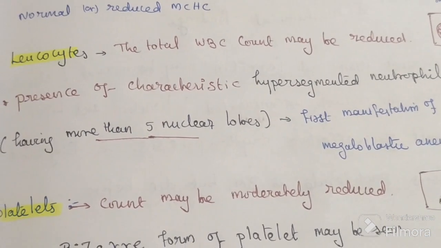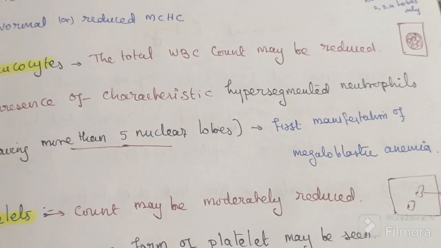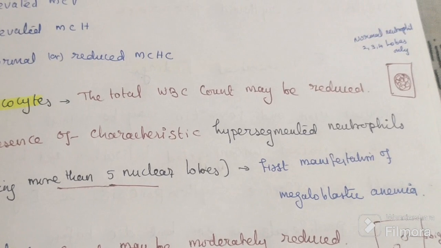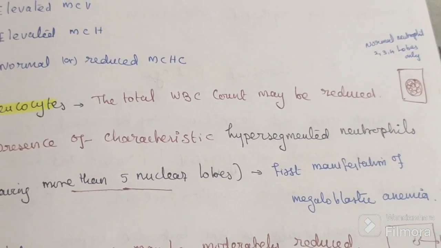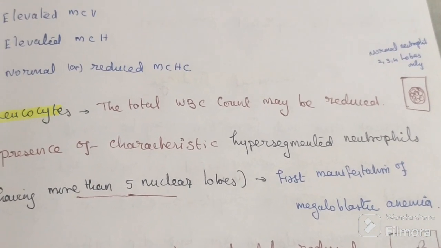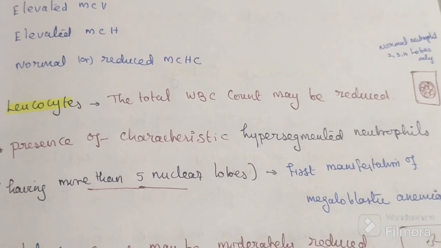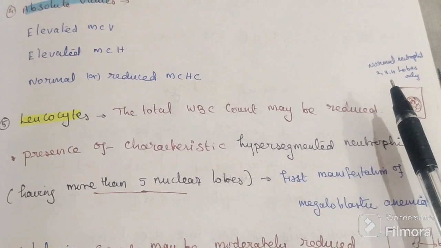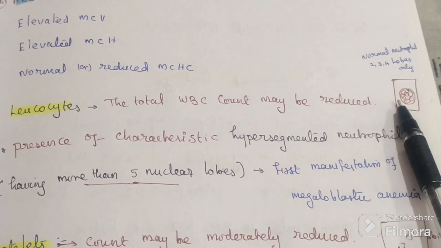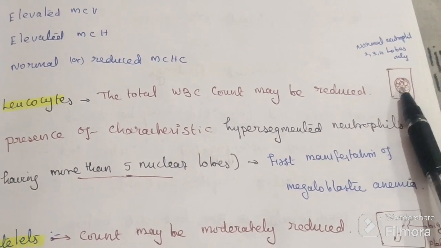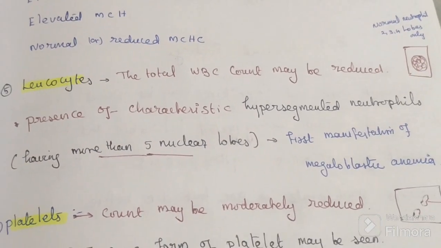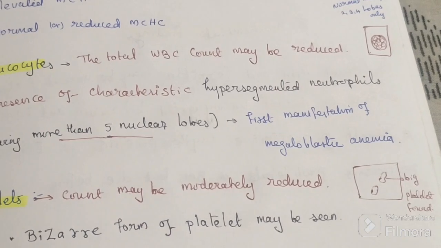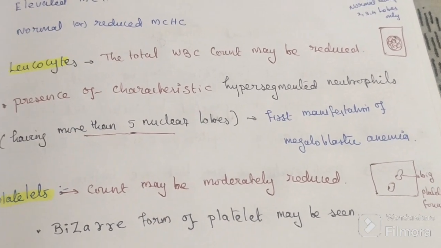Then leukocytes: the total WBC count may be reduced. Here there are hypersegmented neutrophils. Normally neutrophils have 2, 3, 4 lobes only, but here neutrophils have more than 5, 6, 7 lobes. This is the first manifestation of megaloblastic anemia.